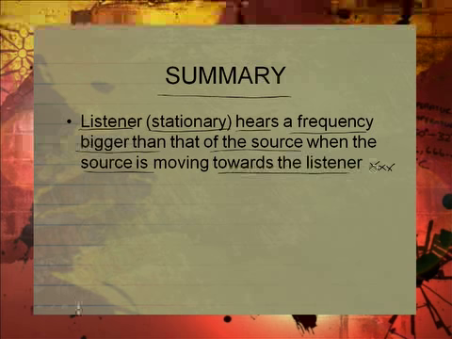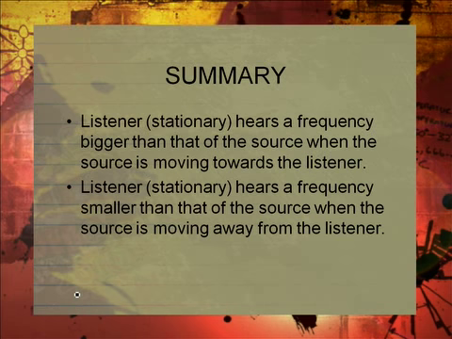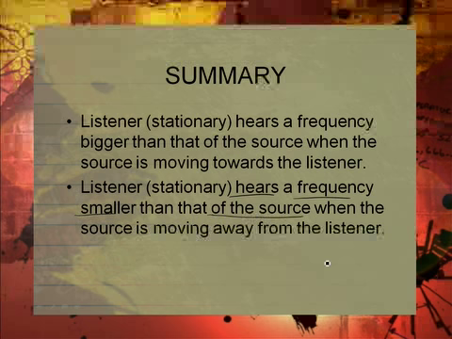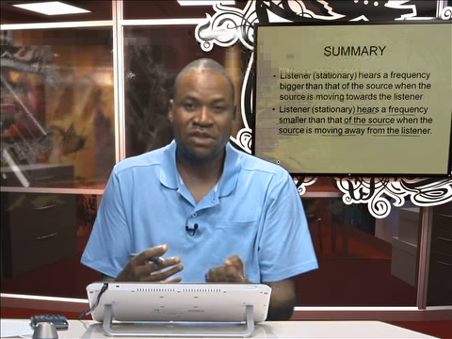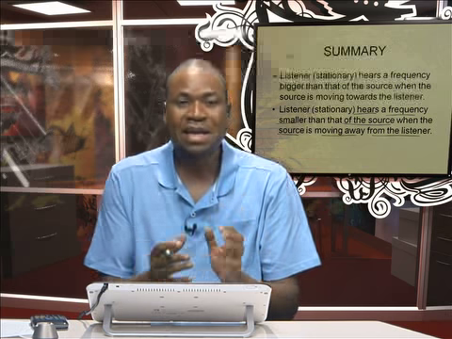By the same reasoning, with the listener stationary, the listener would hear a frequency smaller than that of the source when the source is moving away from the listener. So with the source moving away, the frequency perceived by the listener becomes less.